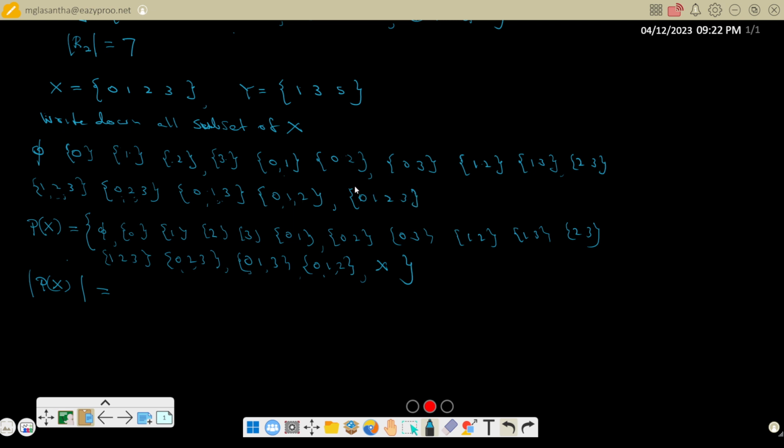The null set and the entire set are also subsets of X. The entire set is also included in the power set. So phi and X belong to P(X).